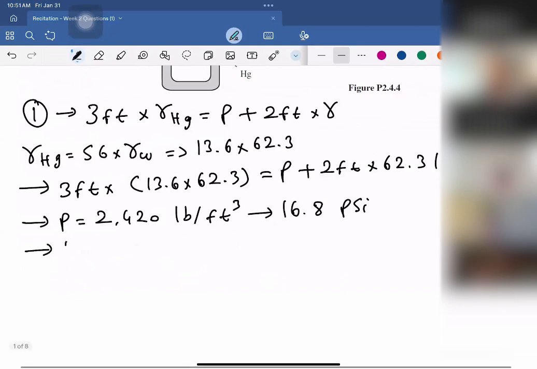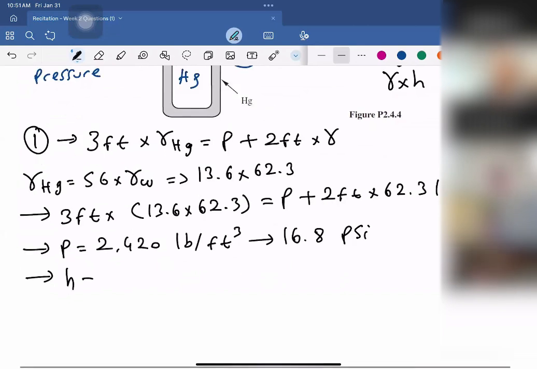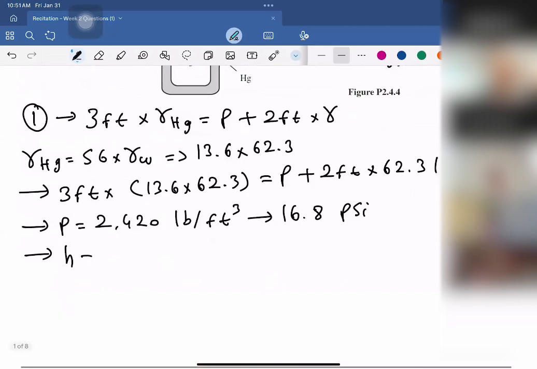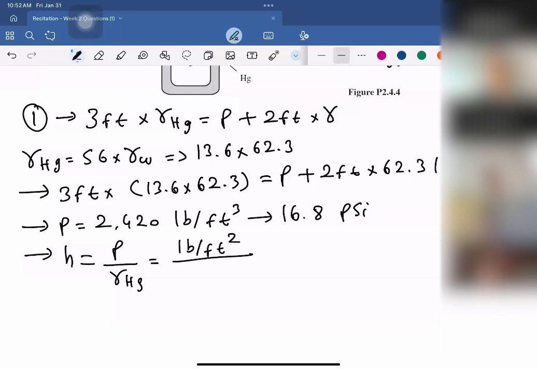So from the hydrostatic pressure equation, the pressure height is pressure over specific weight of mercury. So basically, it will give feet.